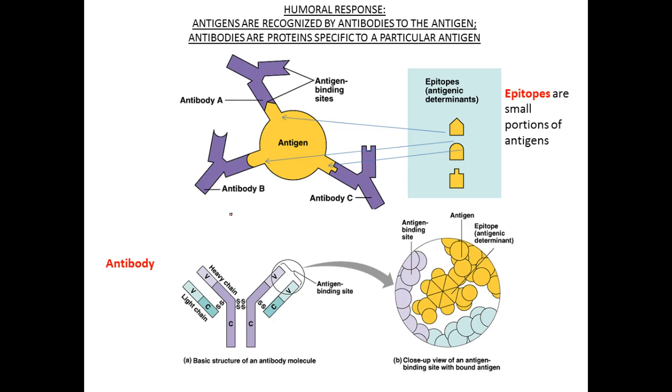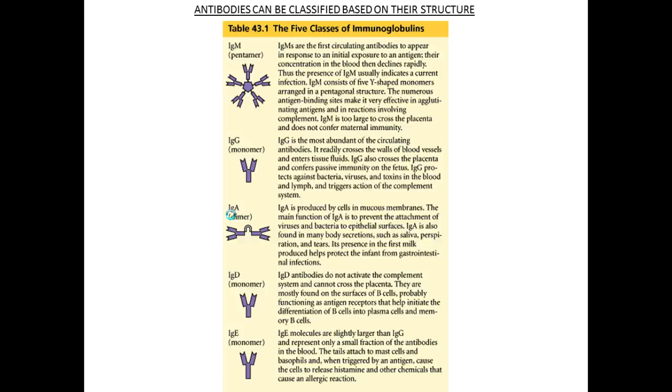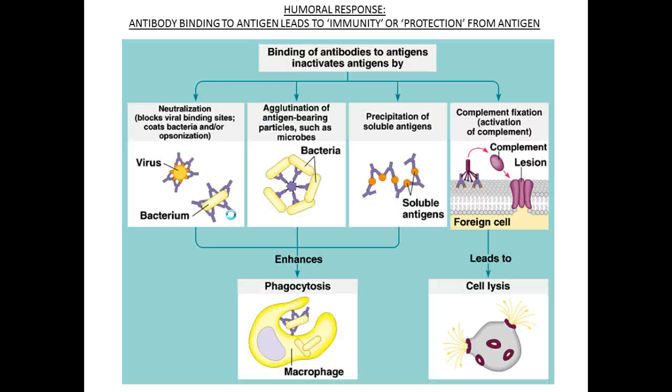attack the antigen? By several ways. And so these are different ways an antibody can neutralize the antigen or protect against it invading. One way is neutralization, where it will just bind to the antigen in several areas and neutralize it and prevent it from infecting other cells. Or it'll cause that bacteria or virus to agglutinate, which means to group, and so enhances phagocytosis, or the precipitation of the soluble antigens, and again enhancing phagocytosis.